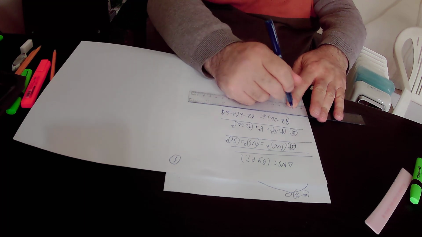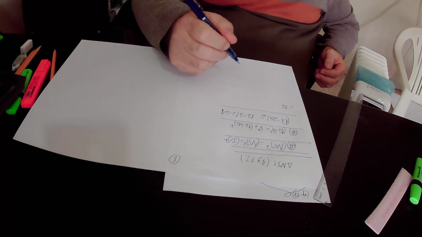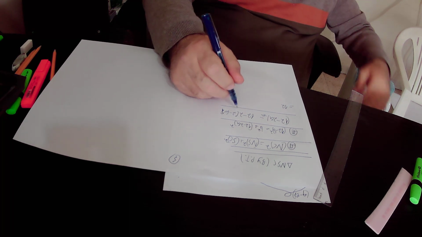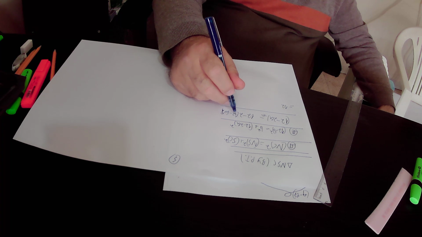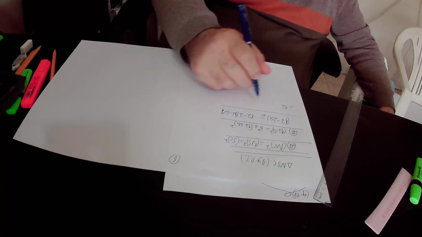So it is actually equal to 12 minus 2 times 12, which is minus 24.